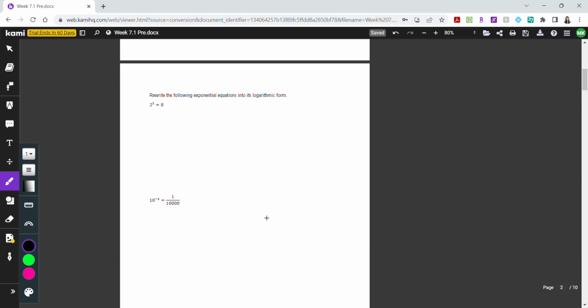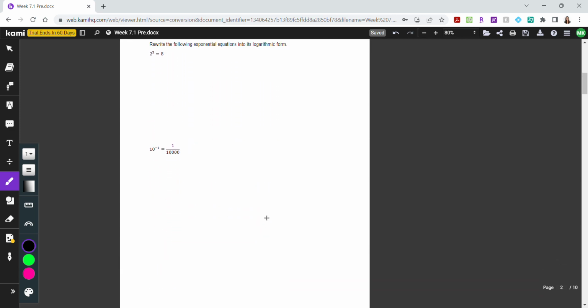Now let's look on the other side of it, where we're transforming from an exponential equation into its logarithmic form. Same thing, but now instead of bumping things up, we want to bump it down. To know which one you're going to be bumping down, you're going to take the term that has the exponent. In this case, the first one that we have is 2 cubed equals 8. We write that in exponential form: b to the power of x equals y.